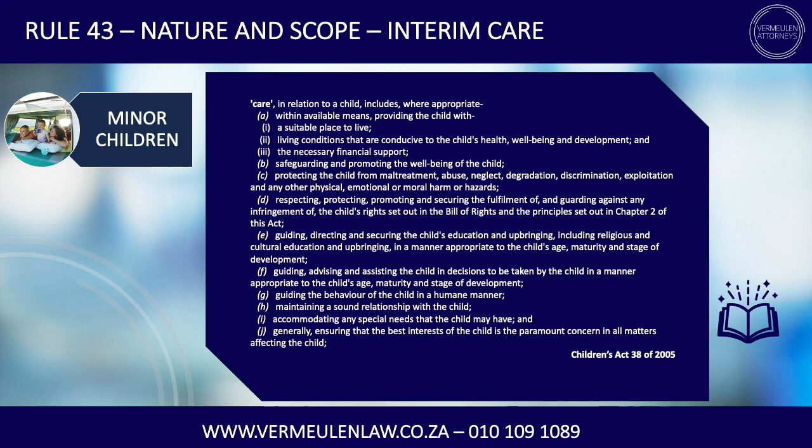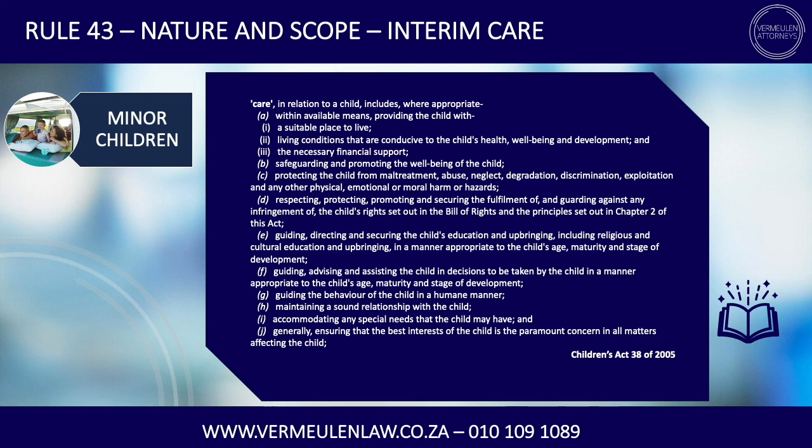Then let's go on to an interim care order in respect of any child. Care in relation to a child includes, where appropriate, within available means, providing the child with a suitable place to live, living conditions that are conducive to the child's health, well-being and development, and the necessary financial support. You remember I mentioned to you earlier regarding the maintenance, which really finds itself rooted in care of a minor child, and there is the evidence to that effect.